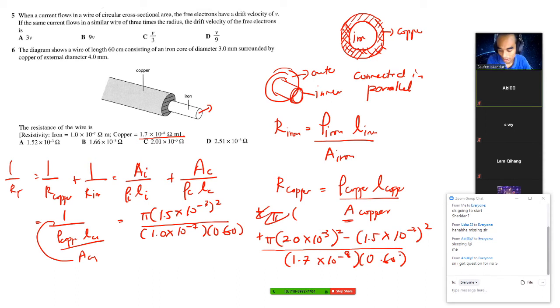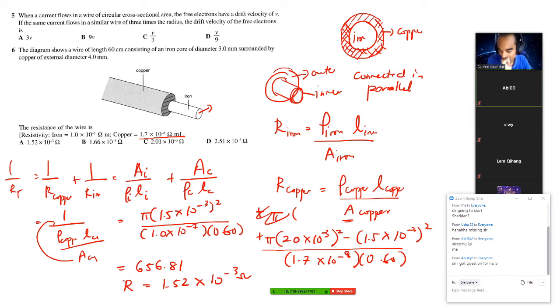Okay, so if you put in your calculation, 6.81 is the answer. And R will be equal to 1.52 times 10 power negative 3 ohm.